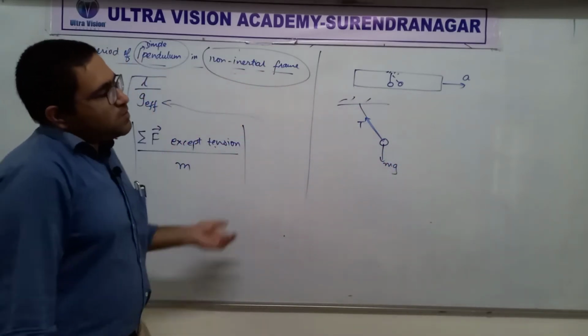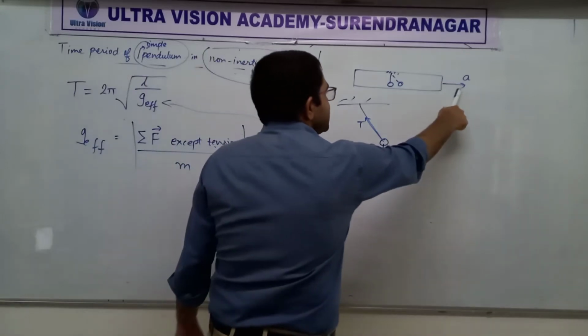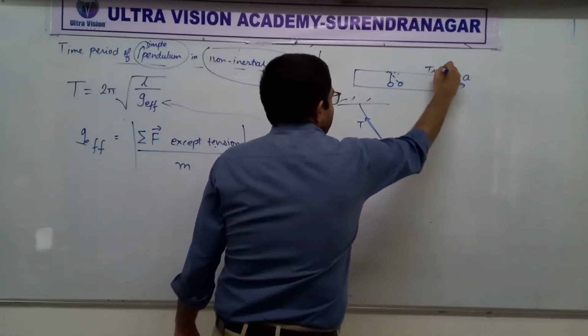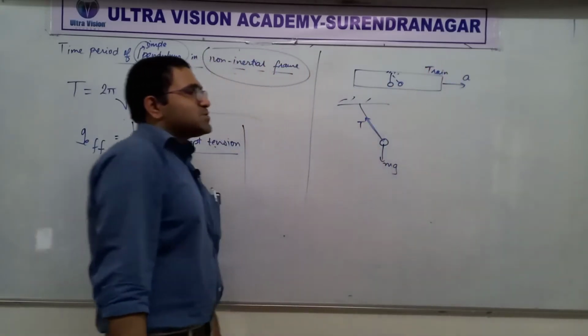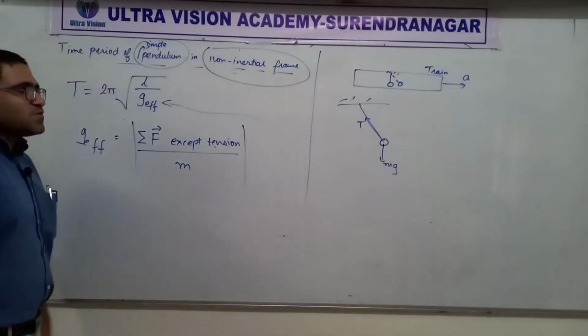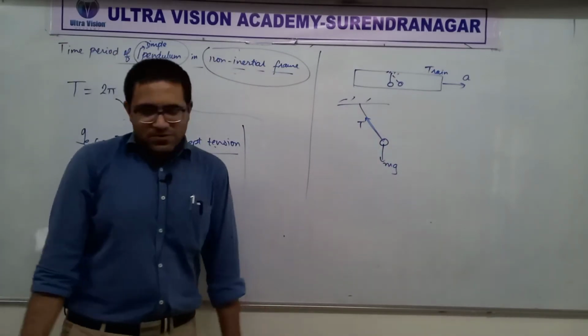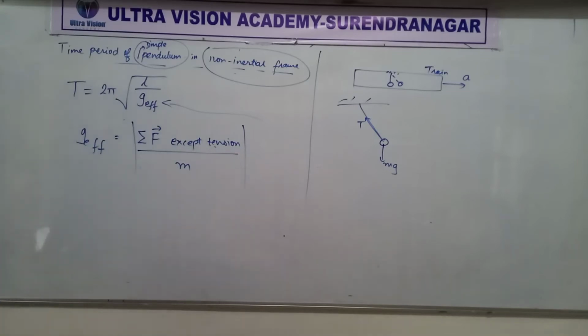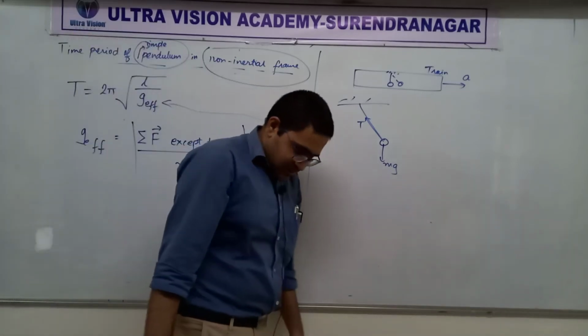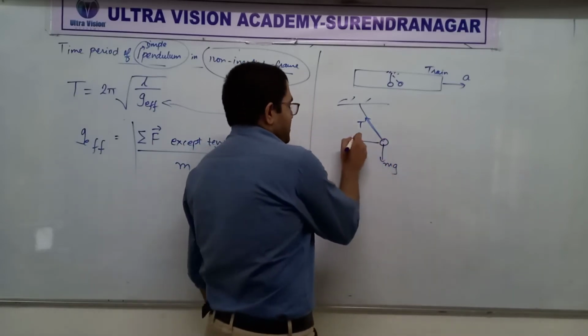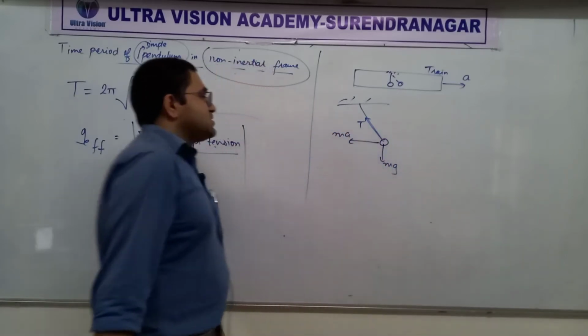And then, what about the pseudo force? The frame or the train, its acceleration is right side. So pseudo force on the bob will be towards which side? Left side, very good. Opposite to the acceleration of the frame. So pseudo force is like this.